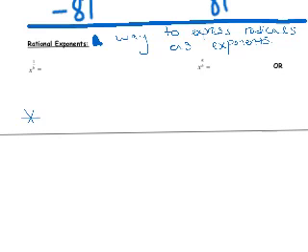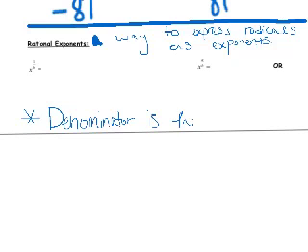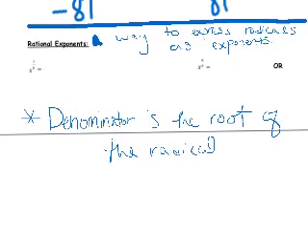And what rational exponents are is just a fraction as an exponent. And when you have a fraction as an exponent, the denominator is the root of the radical. So an x raised to the 1 over b, b is the root of the radical.